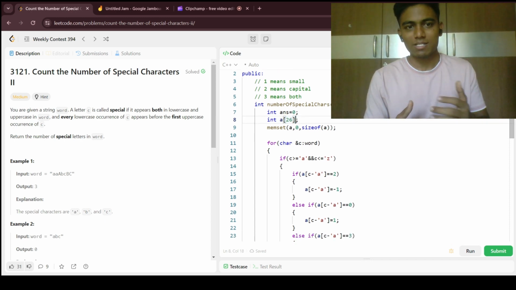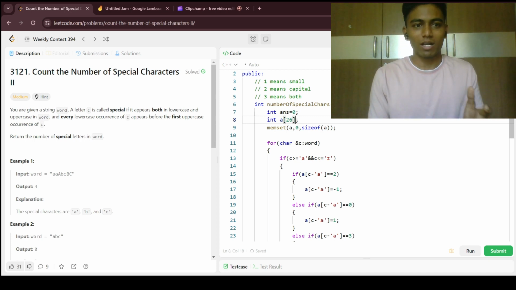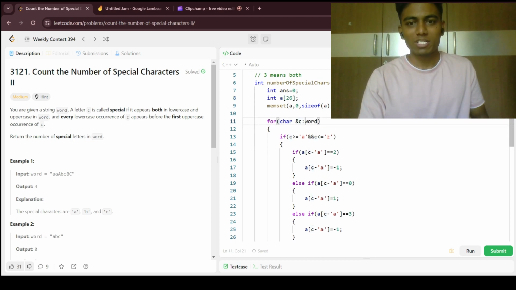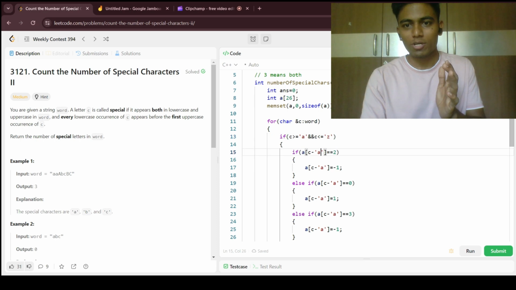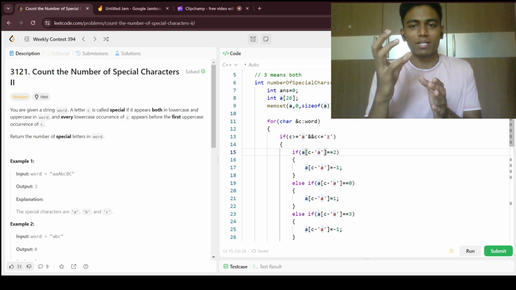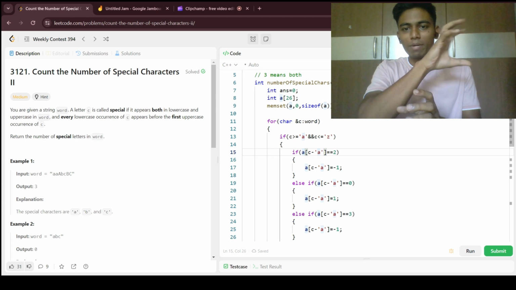So we'll pick the character which is present in this particular word, and let's say if this particular character is small, and a capital letter of it has occurred before, then we are not going to consider this particular character as our special character.